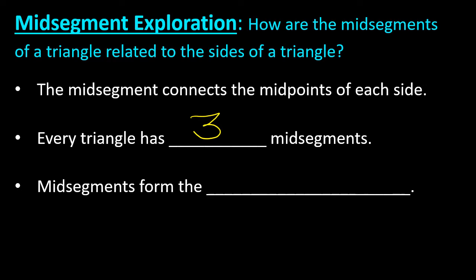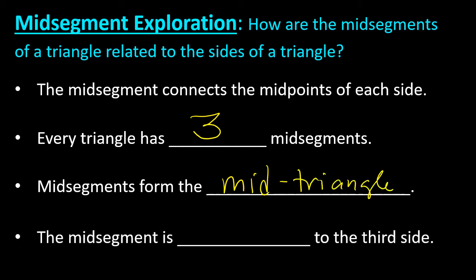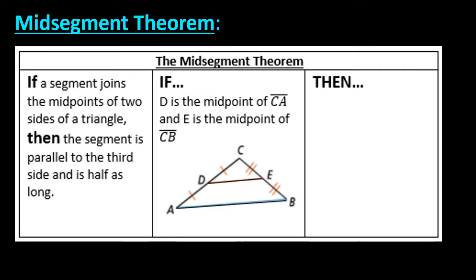The midsegments together form the mid-triangle, and the midsegment is going to be parallel to the third side. Hopefully you got those answers, and we can go on with the midsegment theorem.